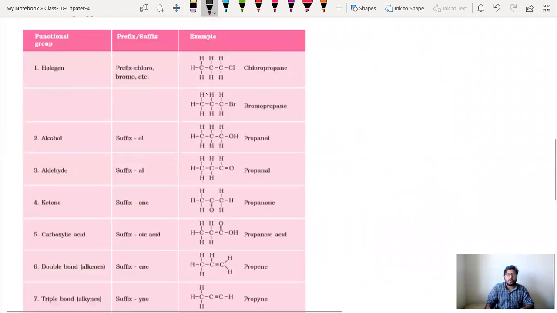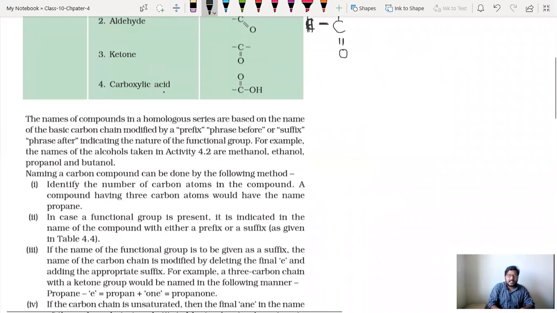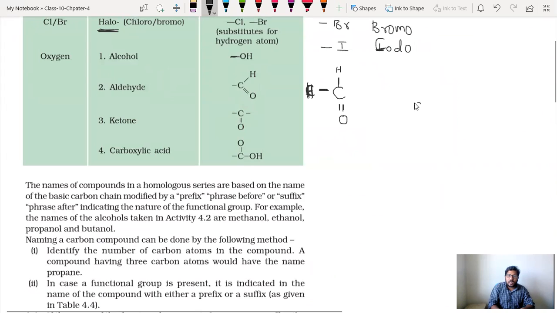Next we have ketone. While representing ketone, guys, the carbon should always stay in the middle, with one bond here and another bond here. Definitely there should be carbons on both sides. This is so important, every student gets confused here.